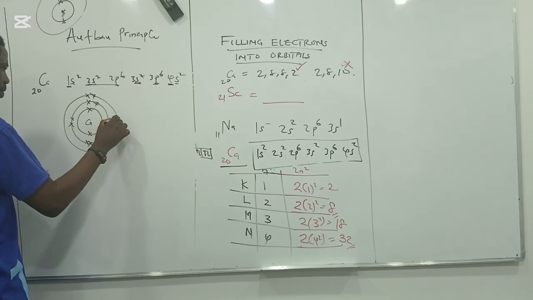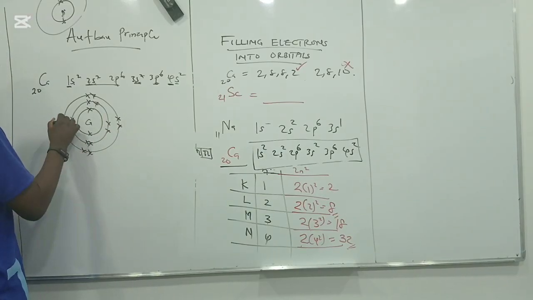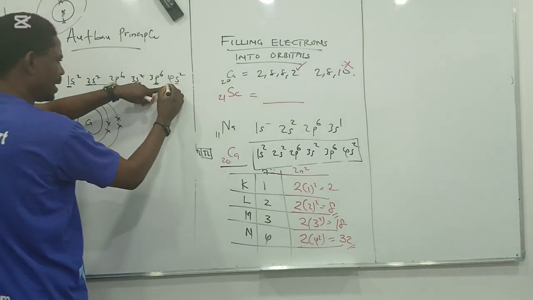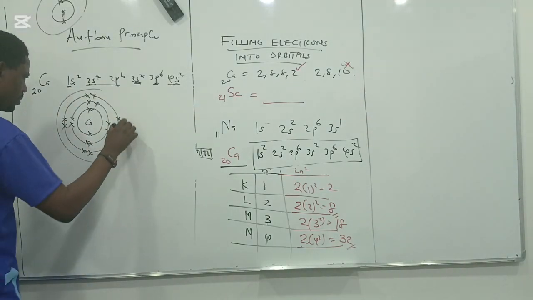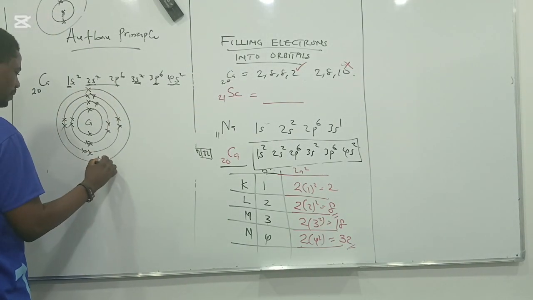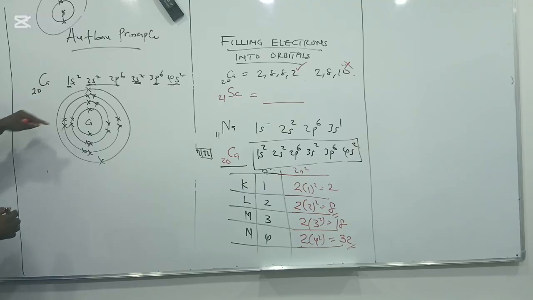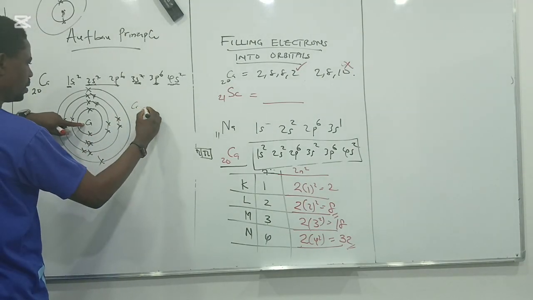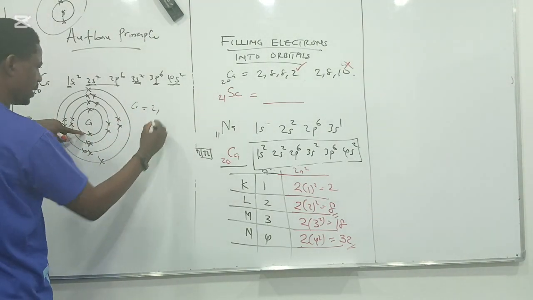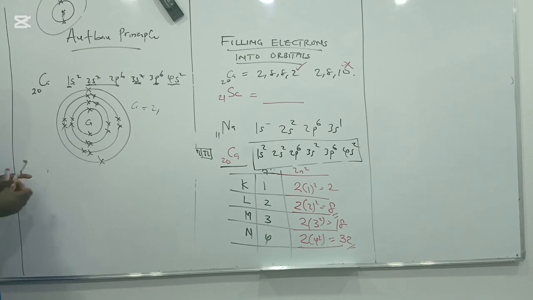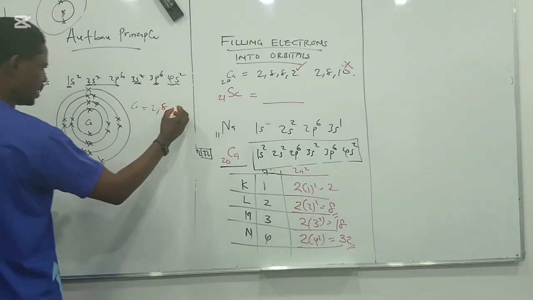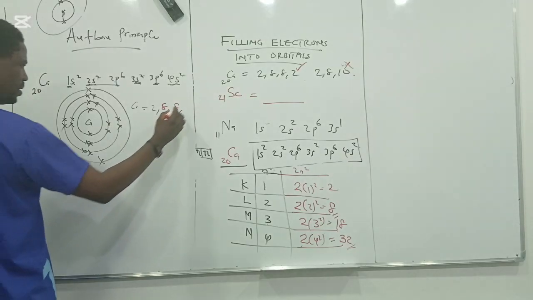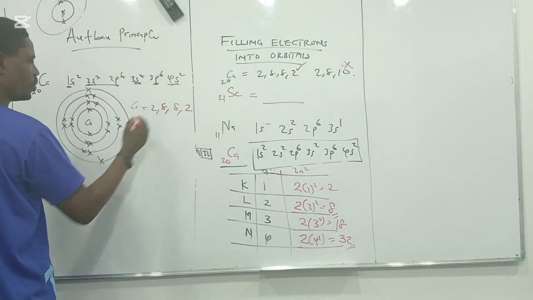Then the last one has 2 electrons. So that is why calcium is 2 in the first shell, that is the K shell, then 8 in the second shell, then 8 in the third shell, then 2 in the fourth shell. So that is why it is 2, 8, 8, 2.